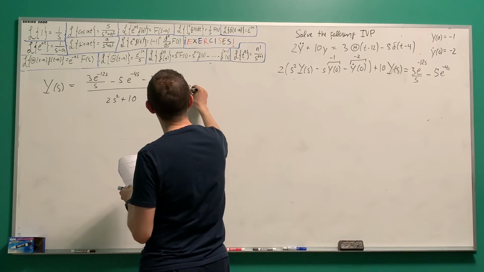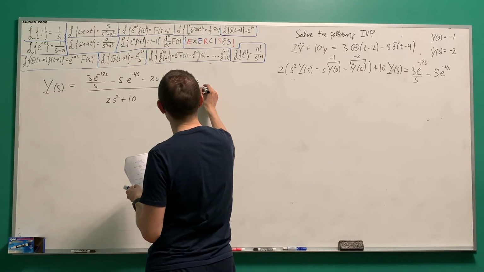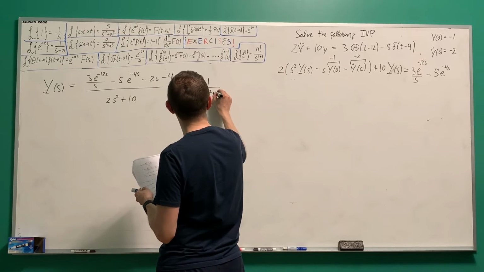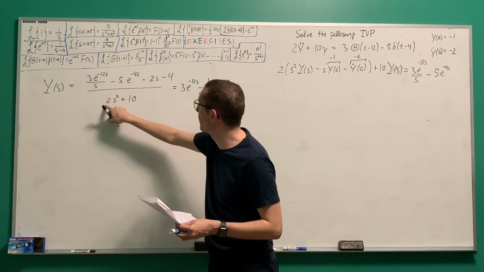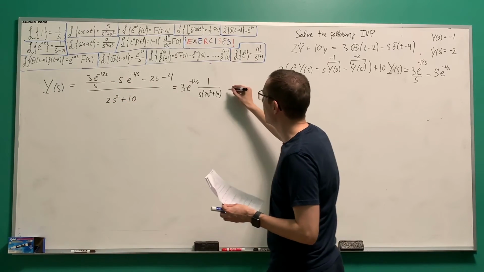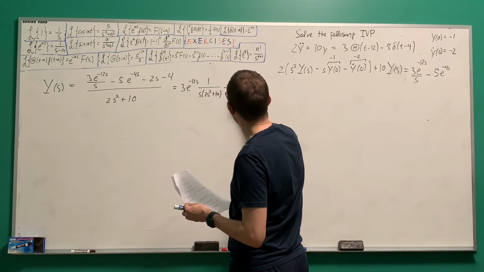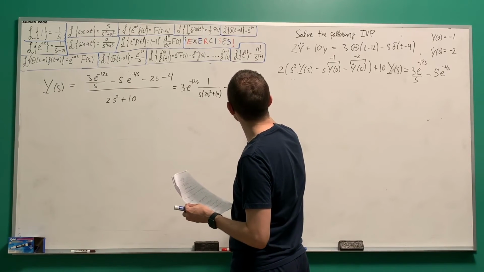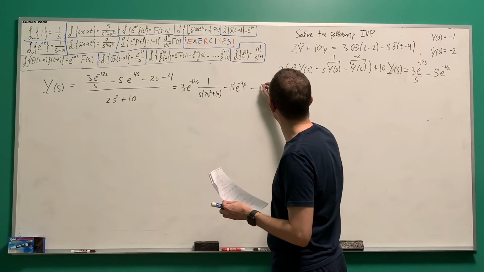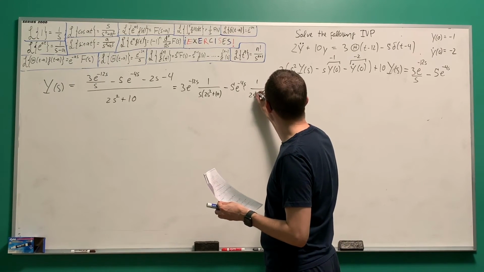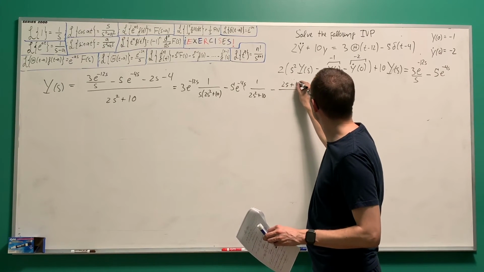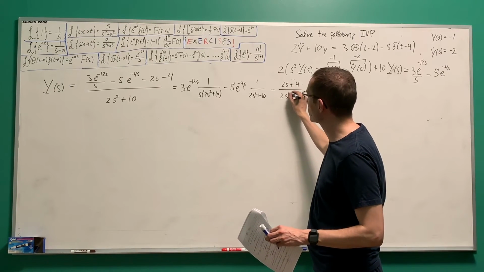This is 3e^(-12s) multiplying 1 over s(2s squared plus 10). What I did is put the s in the denominator, first term of the sum, then minus 5 times e^(-4s) multiplying 1 over 2s squared plus 10, minus (2s plus 4) divided by 2s squared plus 10.